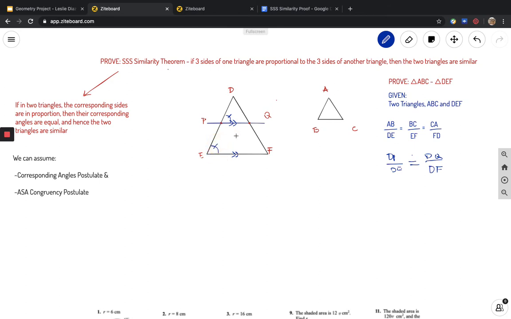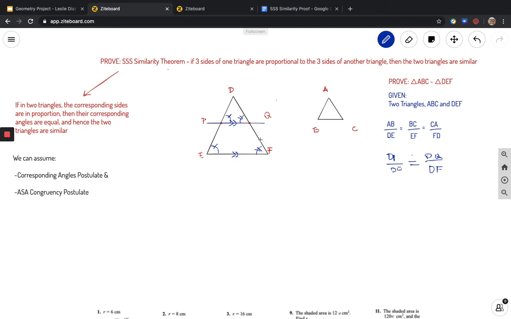And we know that angle DQP is the same as angle F, or angle DFE. We know that because of corresponding angles. If we know the lines are parallel, those angles are corresponding, so those angles are going to be the same size.